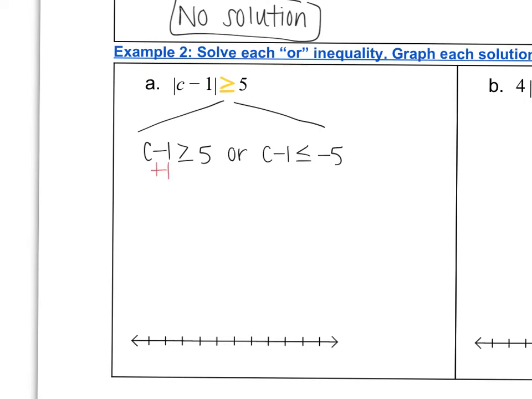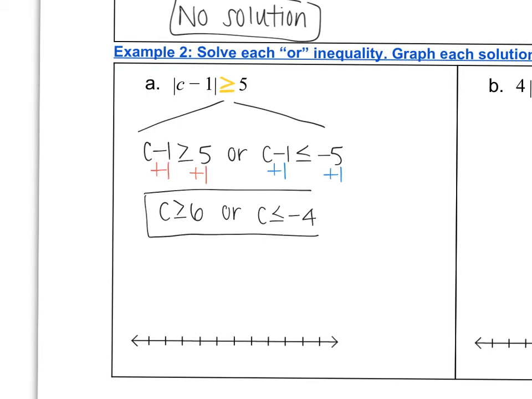So I'll add the 1, and I'll get c is greater than or equal to 6. Or, let's solve the other one, add the 1, c is less than or equal to negative 4. There's my solved compound inequality. I can graph that.